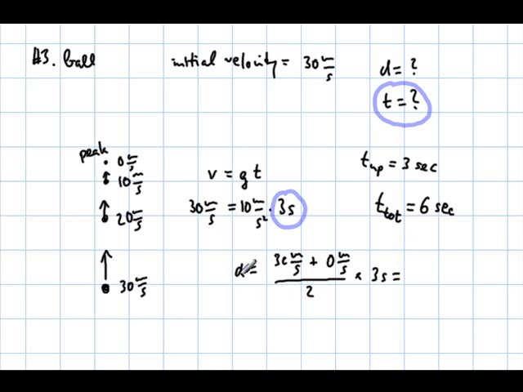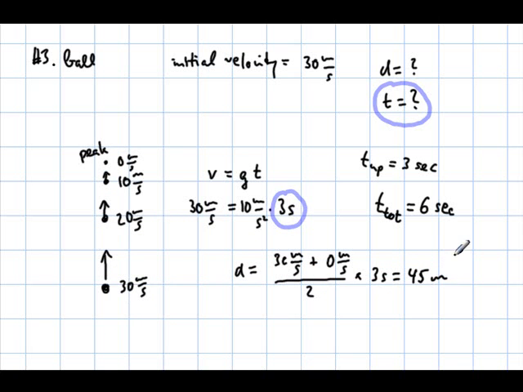And so the distance, of course, is from here to here, where the velocity decreases from 30 to 0, and that's why I use the numbers that I do. And of course, the time between these 2 points is 3 seconds. So 30 over 2 is 15, times 3 is 45 meters.